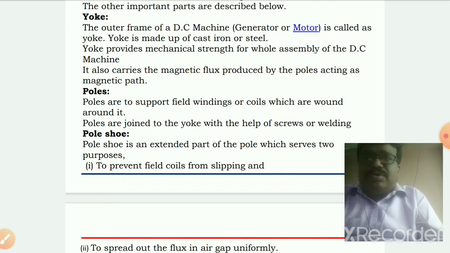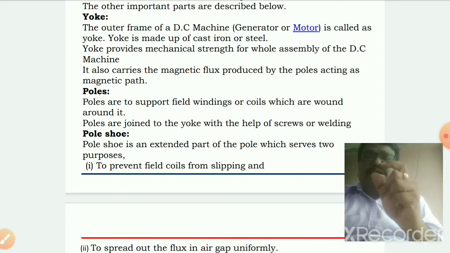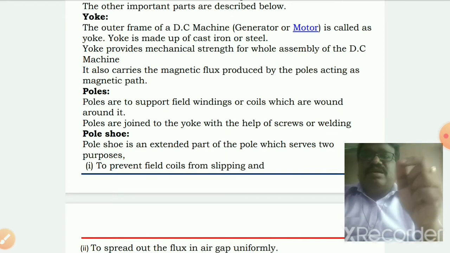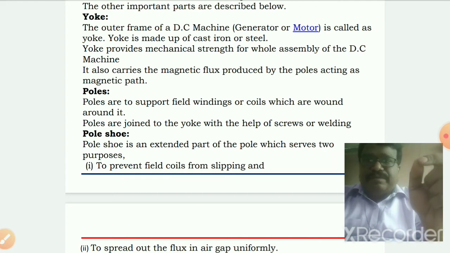So here the poles support the field winding which is wound on them. These poles are connected to the yoke of the DC machine with the help of screws or by welding.